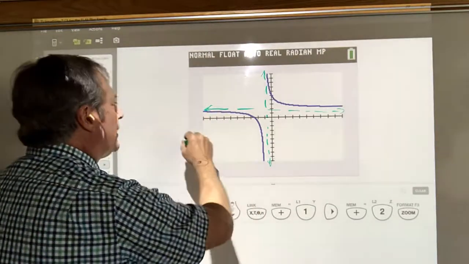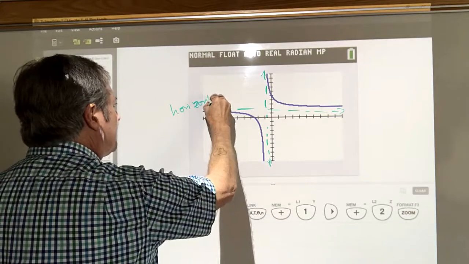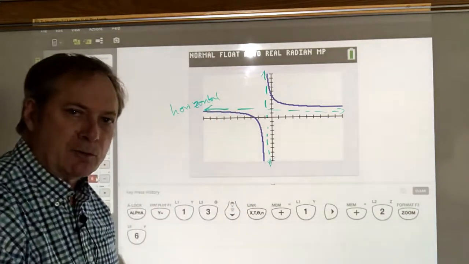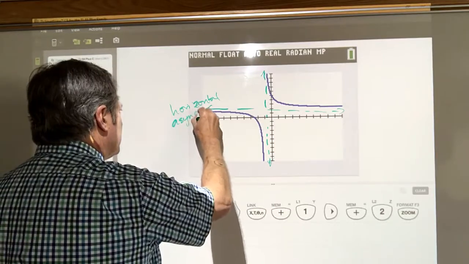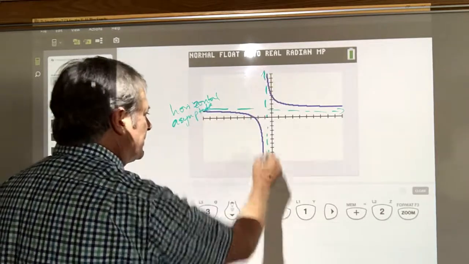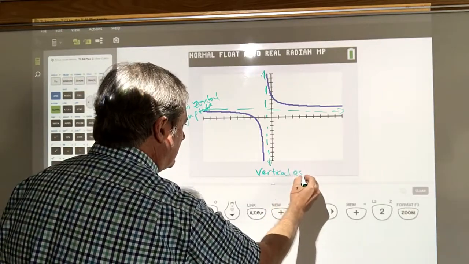Now, this is called the horizontal asymptote. It's a weird word, but that's what it's called. And the vertical line is, as you might guess, called the vertical asymptote.